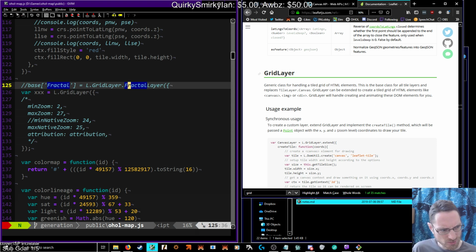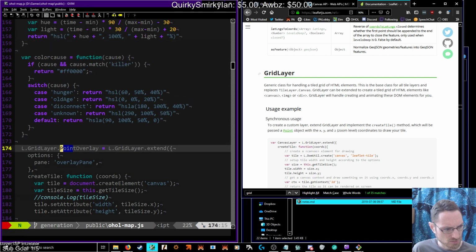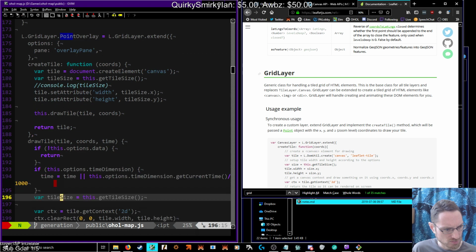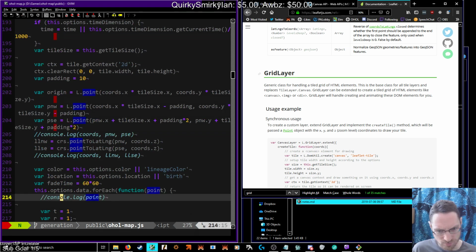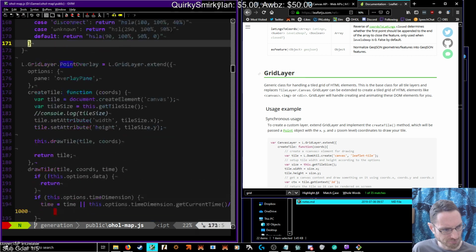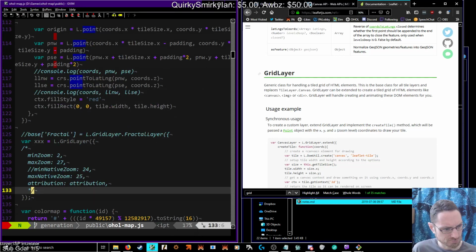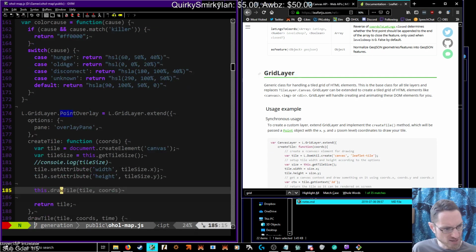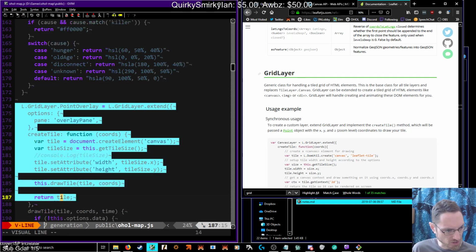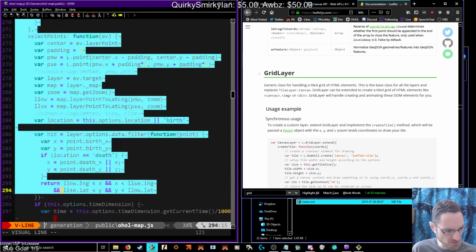So why is my point overlay fine and this is not fine? Okay, let's take all of this and then back pieces out until it breaks.